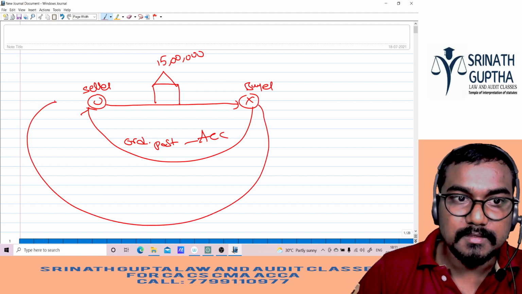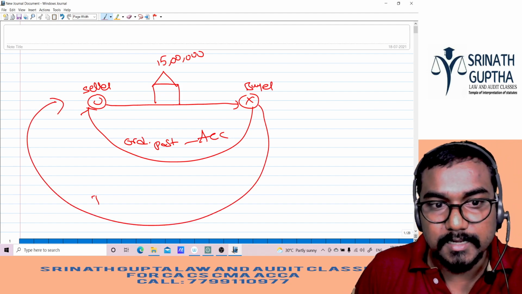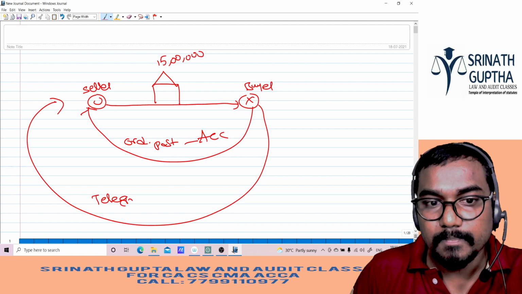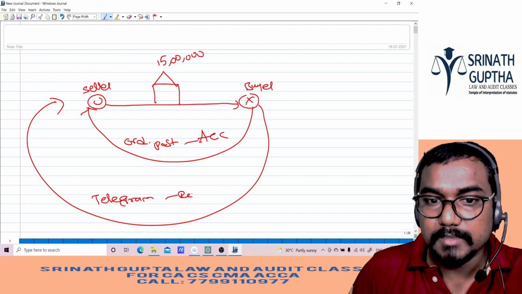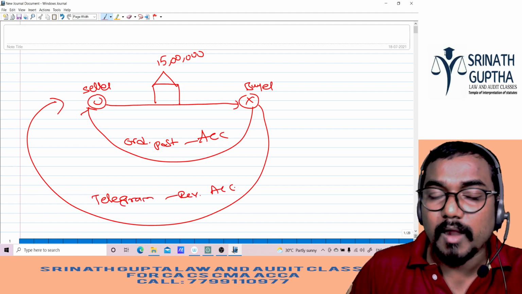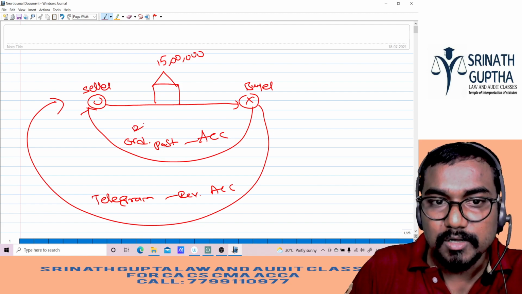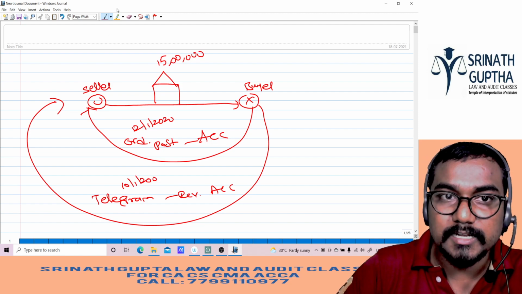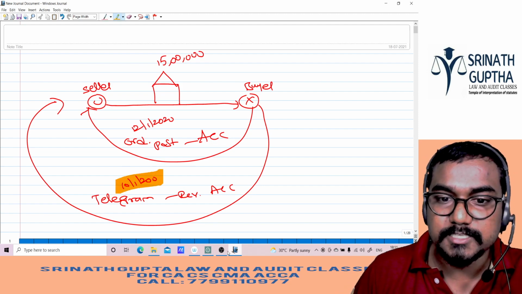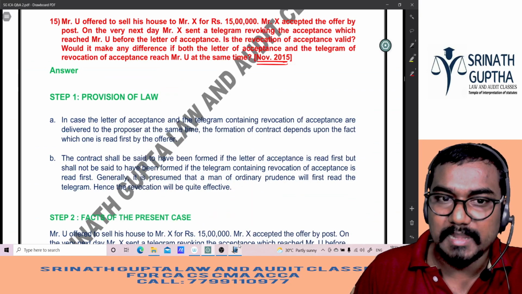For example, the telegram reaches on 10/1/2020 and the letter on 12/1/2020. So first, what is reaching, beta? Revocation is reaching first. So what is valid? Revocation will be valid. Same question.